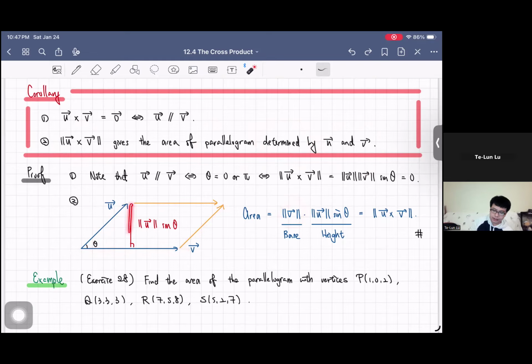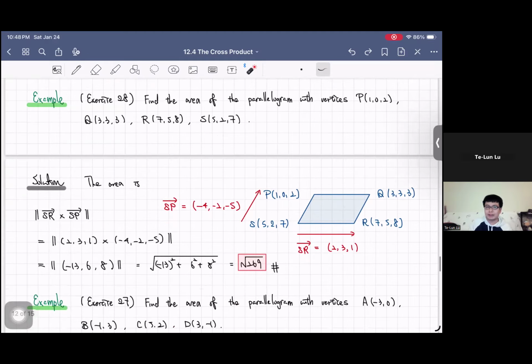The height is this guy, which can be computed by the trigonometric definition, as the magnitude of u times sine theta. However, taking a closer look, this is just this guy, right? By our previous theorem. So indeed, the magnitude of u cross v is just the area of the parallelogram determined by u and v. Okay.